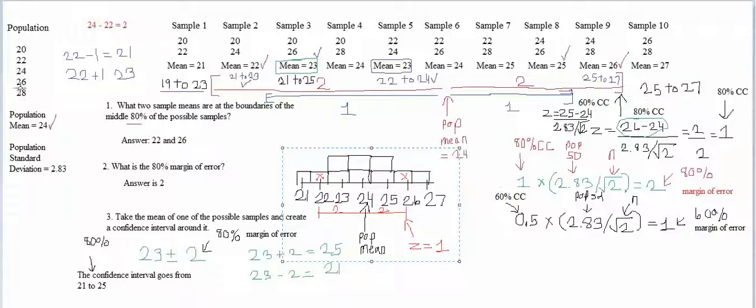That pretty much means if these numbers here follow a normal curve, then these numbers here also follow a normal curve. If the population is normal, then the samples are normal.